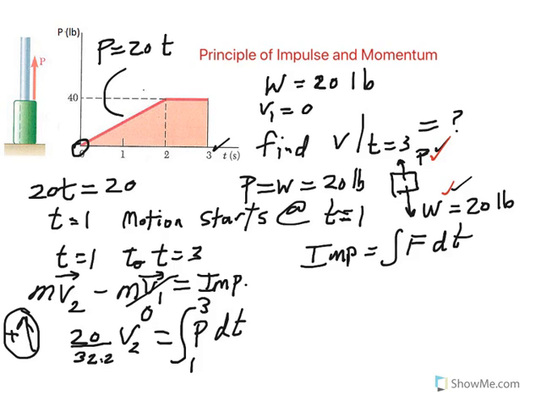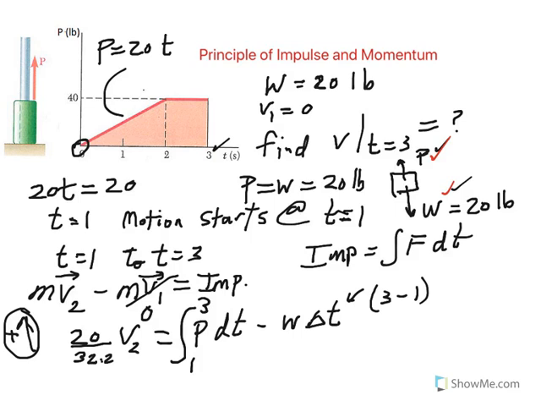This is in the positive direction, and the impulse of the weight is in the other direction. Since the weight is constant, the impulse of the weight is just weight times delta t, force times time, and this delta t is 3 minus 1, which is 2 seconds. Let me show you how we can find the integral of P versus t.